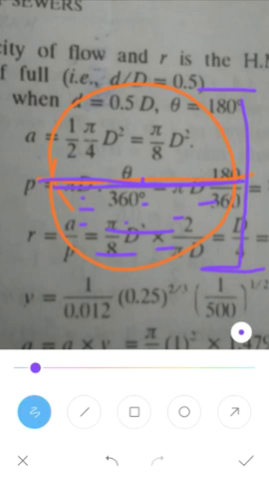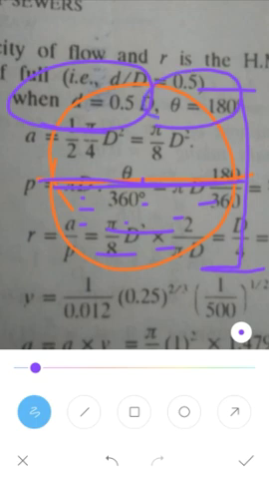These are the two data. Assuming the sewer is running half full means d is equal to 0.5 times D and theta is equal to 180 degrees. By drawing the diagram you can conclude these two things.